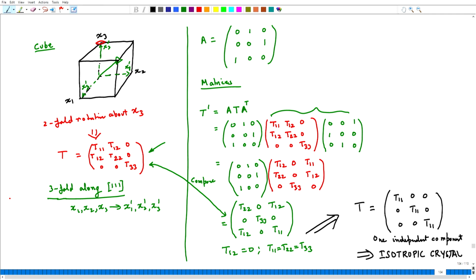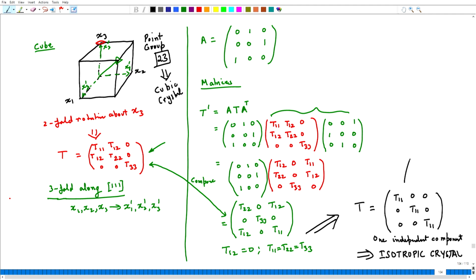And which particular crystal is it representing? Well, this is actually nothing but the point group 2,3, which is one of the axial point groups for cubic crystals.